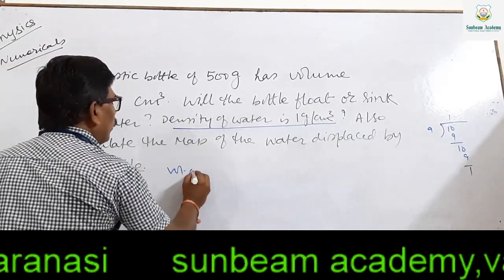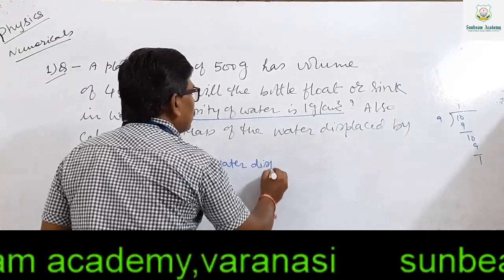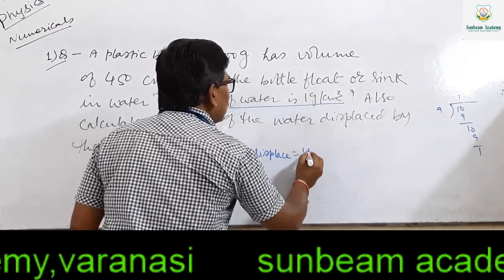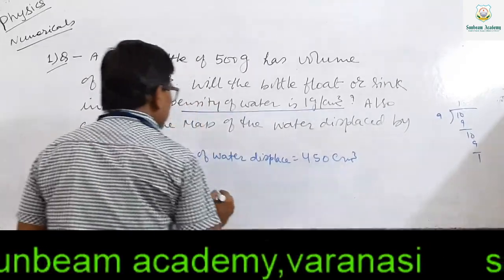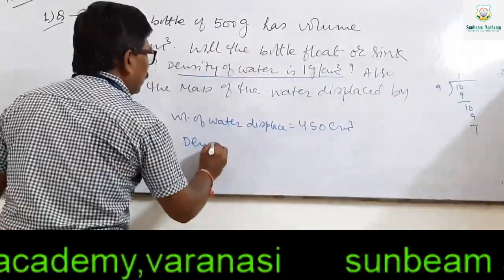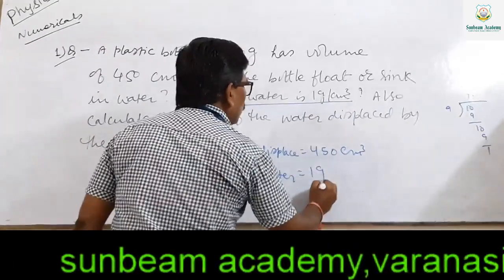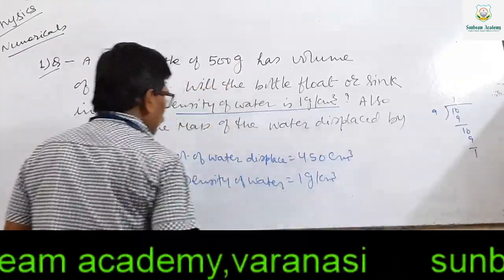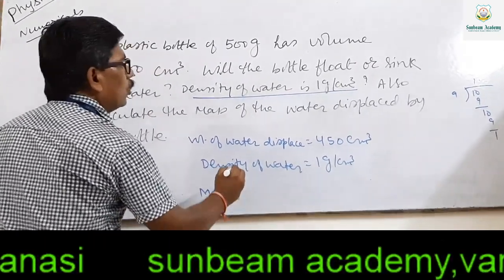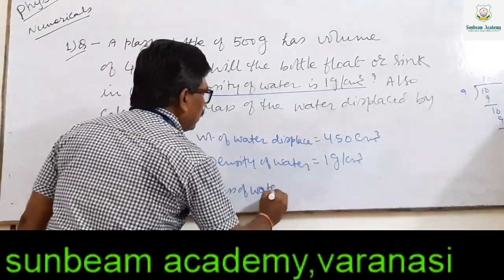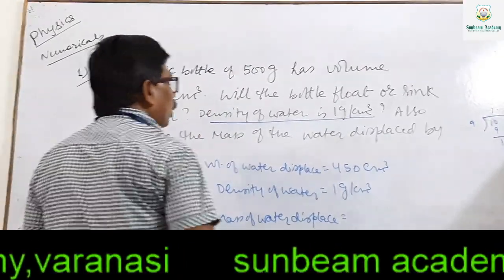Now see the second part. Volume of water displaced is equal to how much? 450 centimeter cube, and density of water is equal to how much? 1 gram per centimeter cube. Now mass of water displaced, that will be how much?